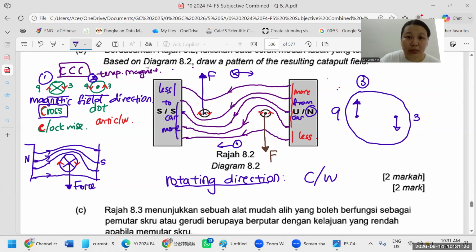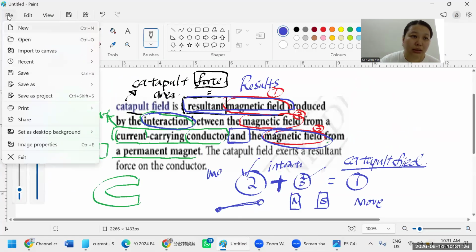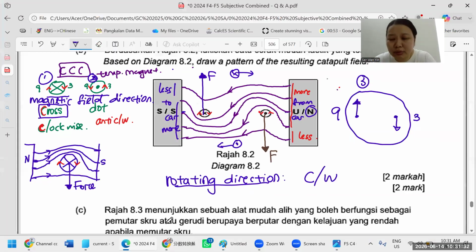Why an odd number? Because if you draw 6 lines, let me find an example for you. Wait a minute. Form 5. Let me find an example.